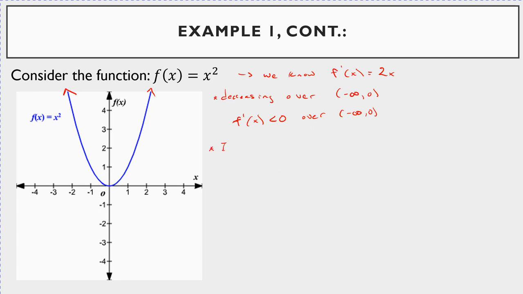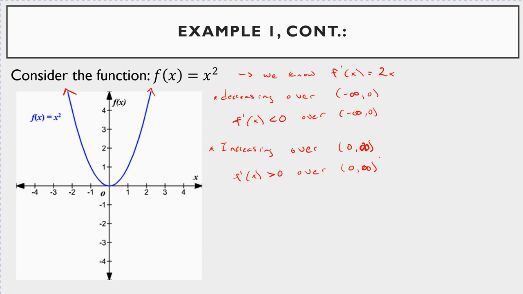So yeah, it has to be decreasing over that interval. And same deal here. It's increasing, what we said, over the interval from 0 to infinity. Well, look, f prime of x is greater than 0 over any value that you pick between 0 and infinity, okay? Because it'd be 2 times a positive number, so it's positive.